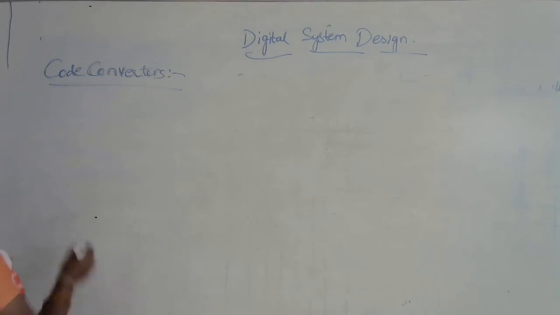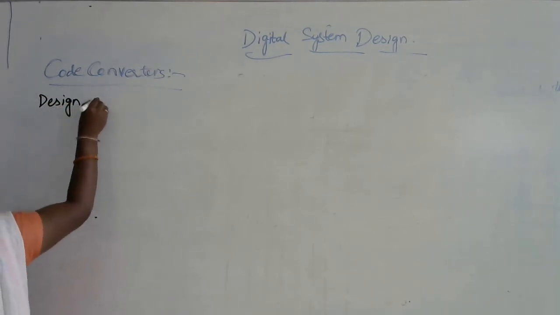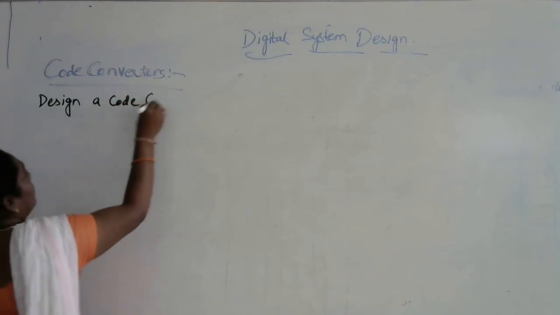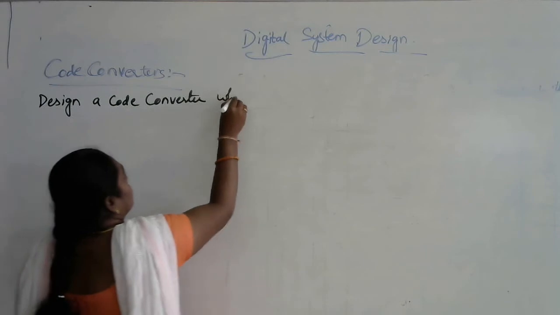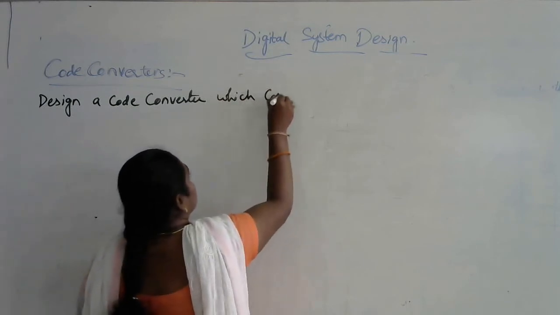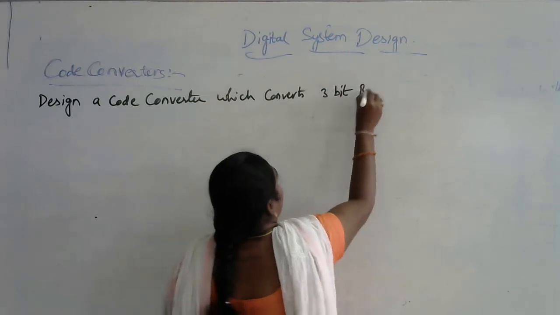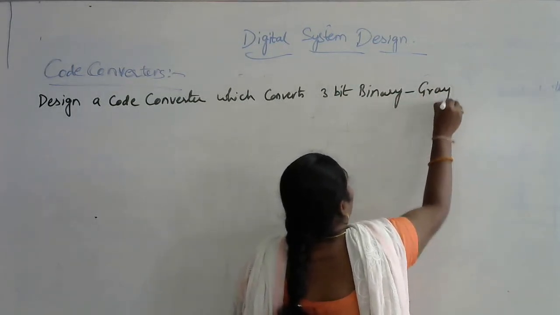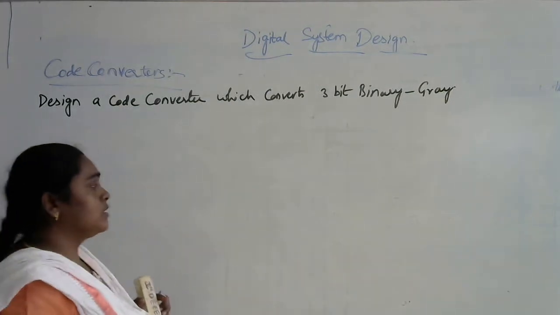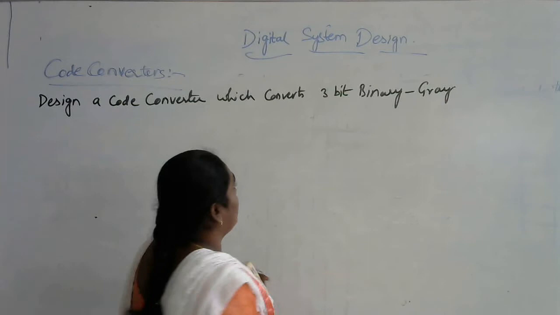Design a code converter which converts 3-bit binary to gray. So the first thing is we must know how to convert a binary number into a gray code.